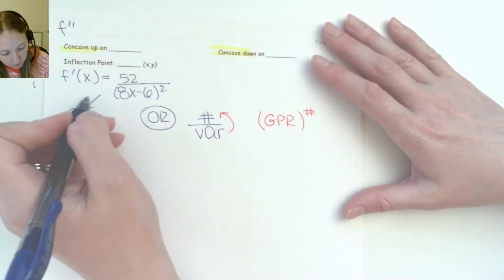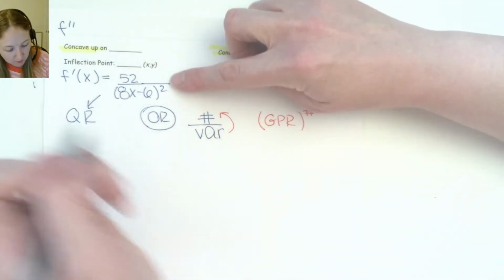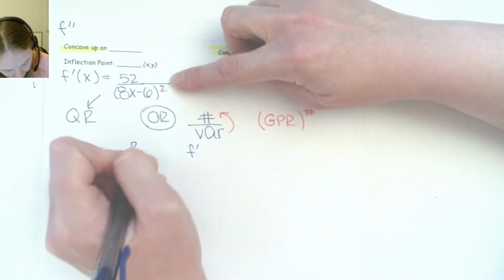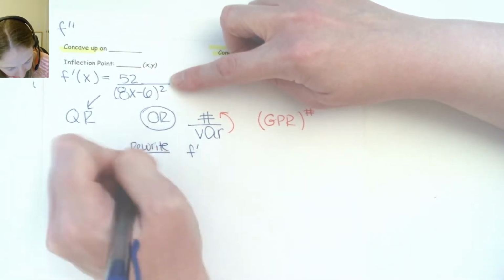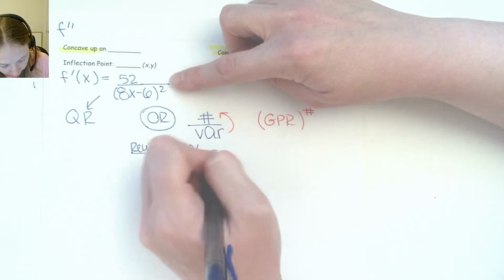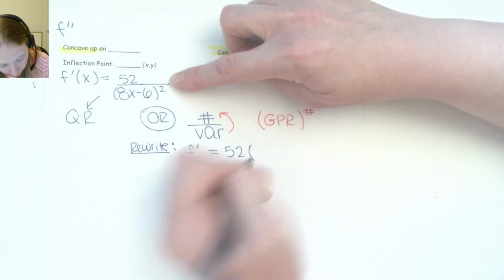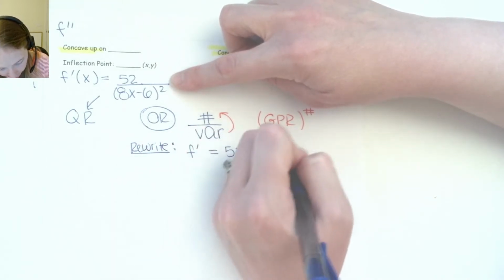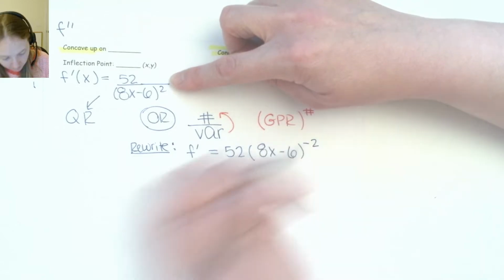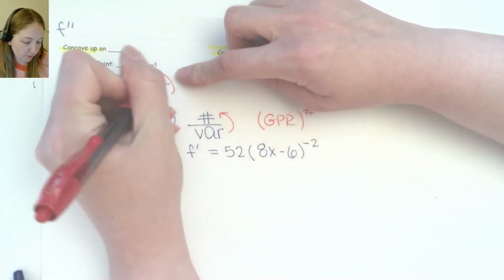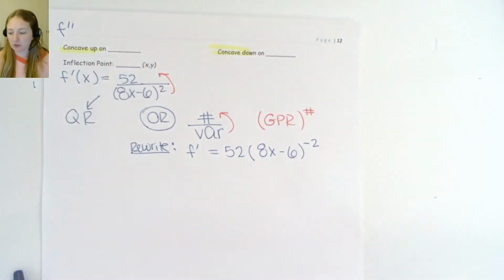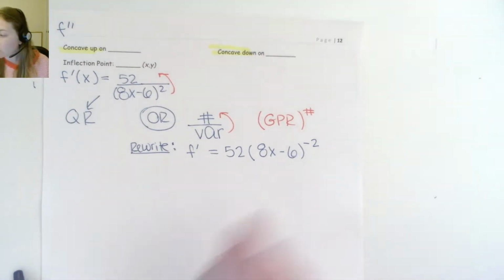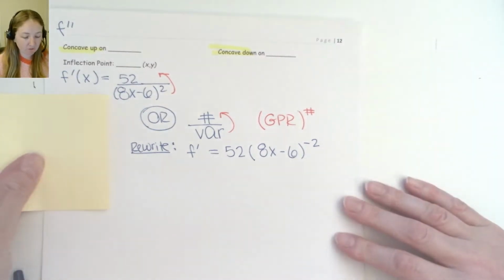So I have my first derivative here. I'm going to rewrite this, or simplify depending on how you want to think about it, as 52 times (8x minus 6) to the negative 2. So I'm going to bring that power up into the numerator. Again, this is a way that I can completely avoid the quotient rule.